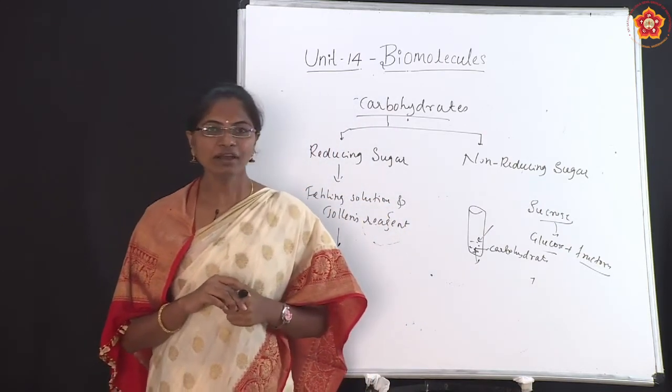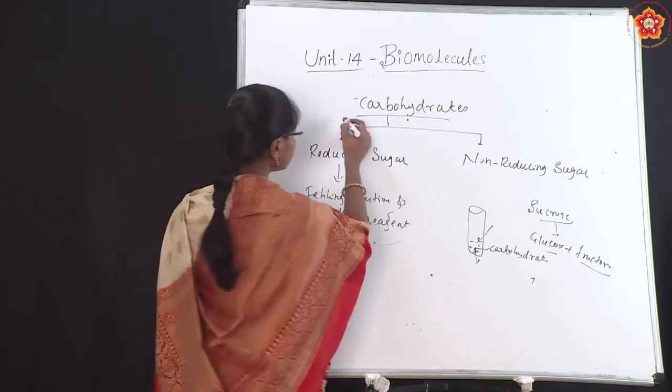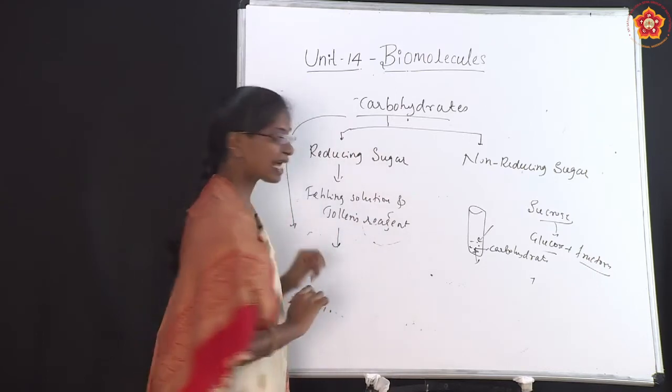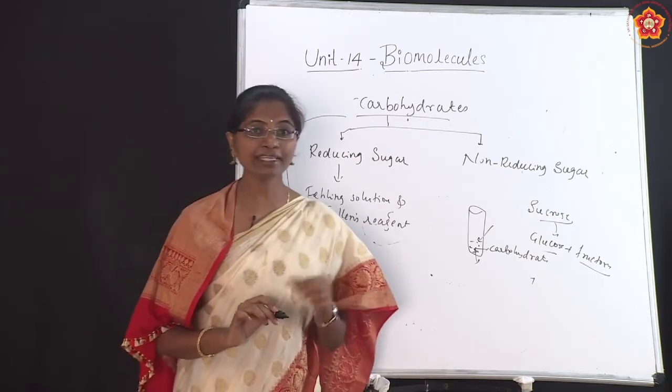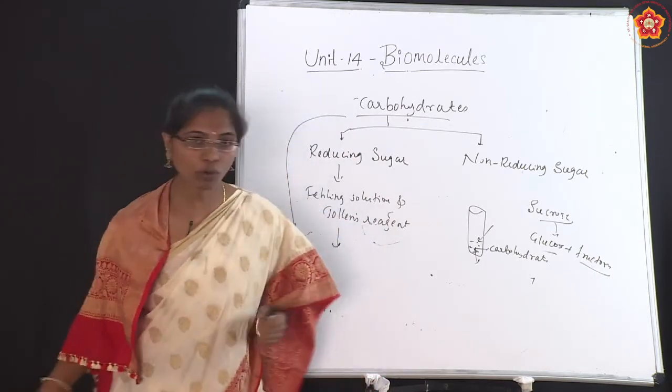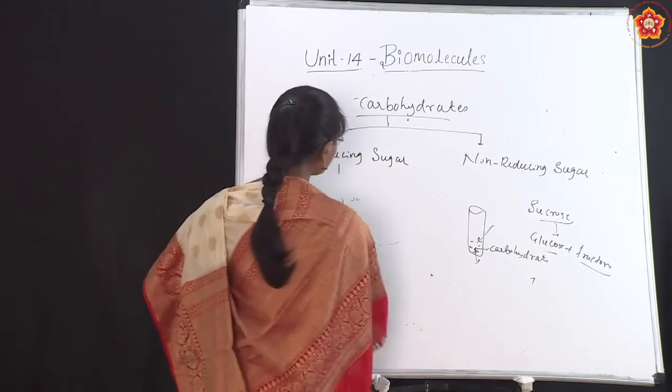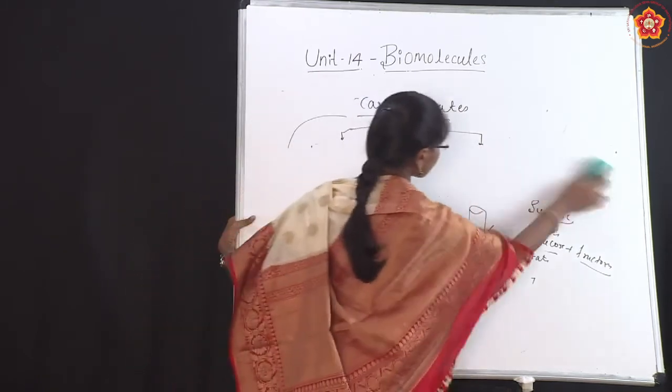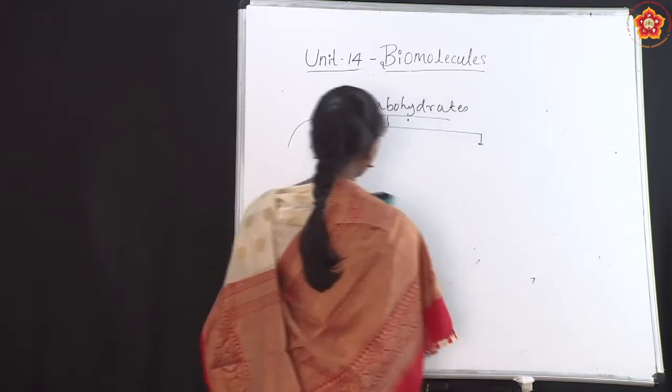And next, again carbohydrates, we classify as aldose and ketose. So what is meant by aldose and what is meant by ketose?